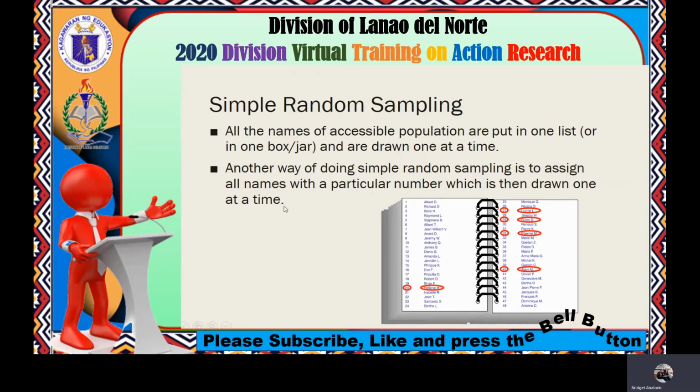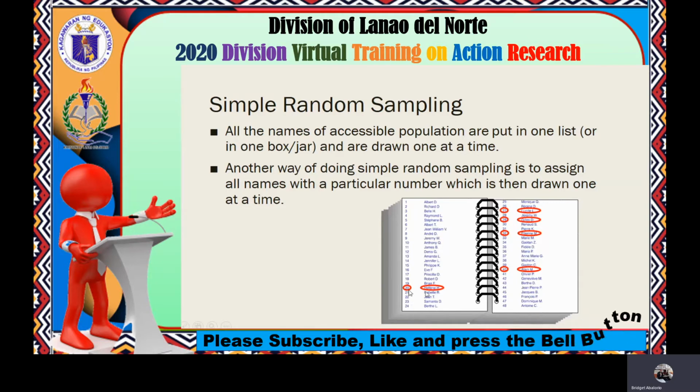For example, if you have a study of learners' attitudes towards mathematics, you are just going to assign all the names of your learners a particular number, which is then drawn one at a time. For example, you draw from the box or the jar number 20. Therefore, number 20 here is Helen.